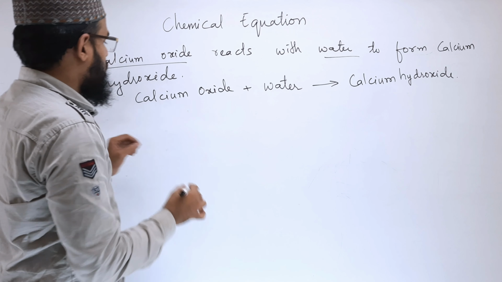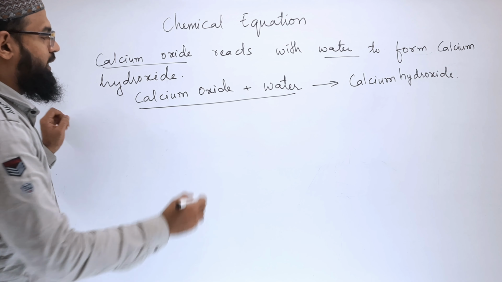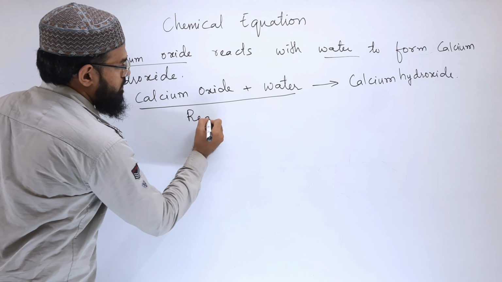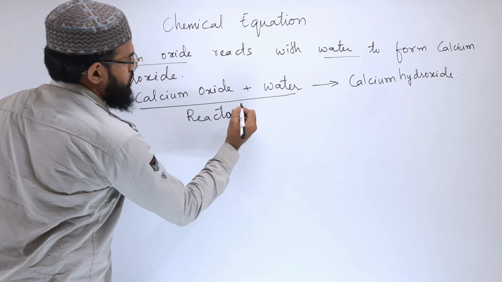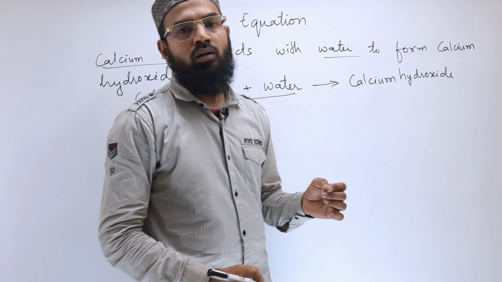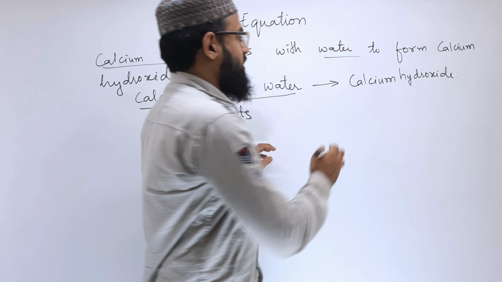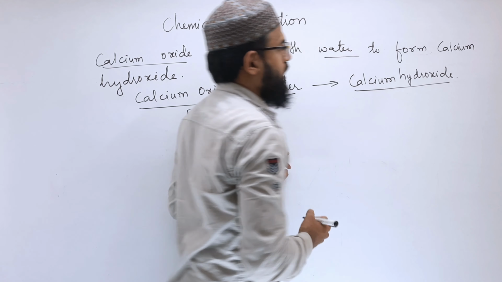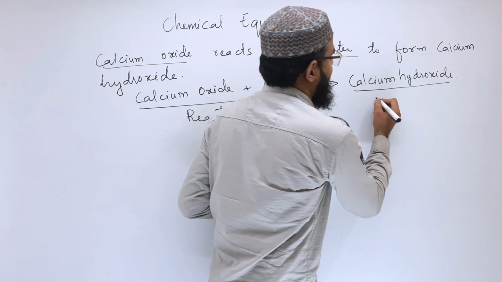The substances which undergo a chemical change, we call reactants. And the substances which form as the end product, the final substance during a chemical reaction, we call products.